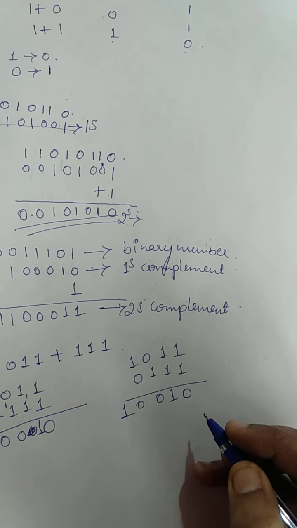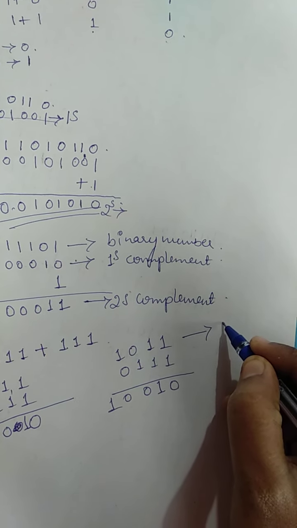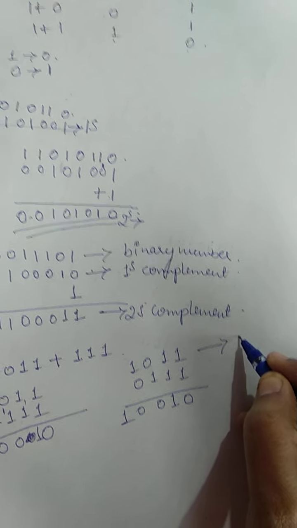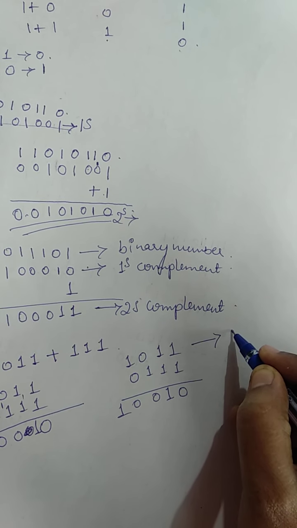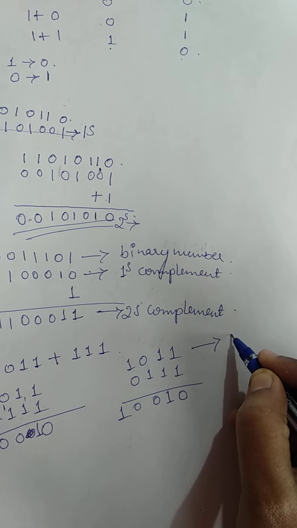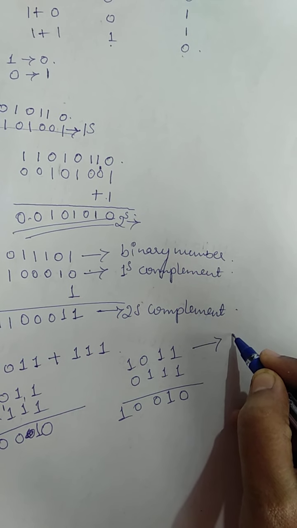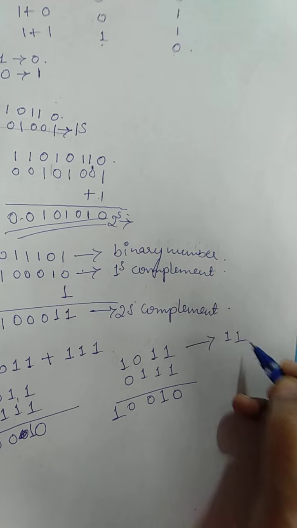So if you want it in decimal, they have given binary numbers. In decimal, what will you get? 1011 in decimal, I'll give the table also. The value of 1011 in decimal is 11.